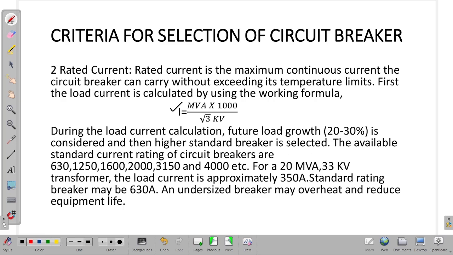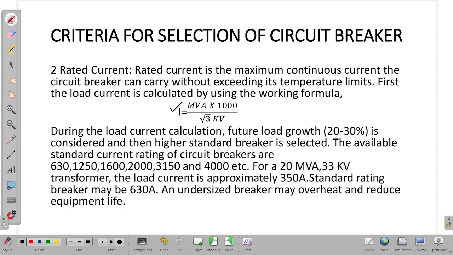The available standard current ratings of the circuit breaker may be 630 ampere, 1250 ampere, 1600 ampere, 2000 ampere, 3150 ampere, or 4000 ampere.